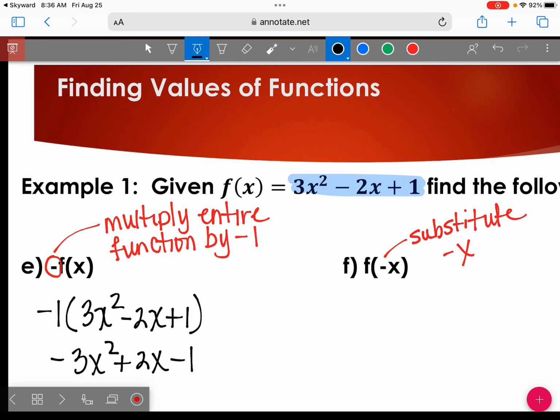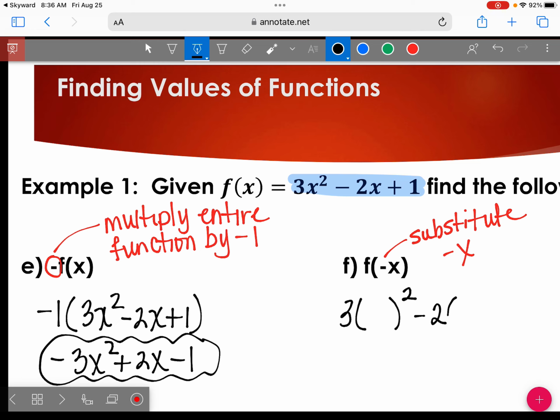That is what negative f of x equals. But for part F, I'm going to set it up with my placeholders. And this time I'm putting in my negative x. And we're simplifying it.